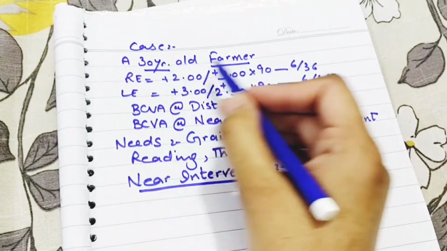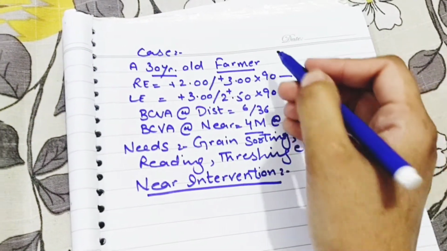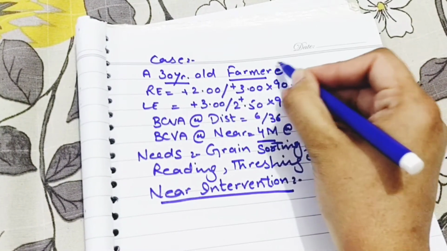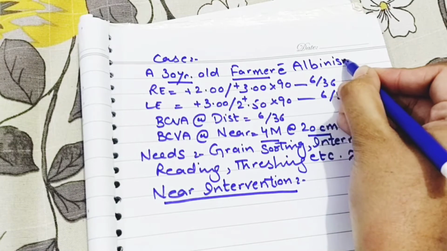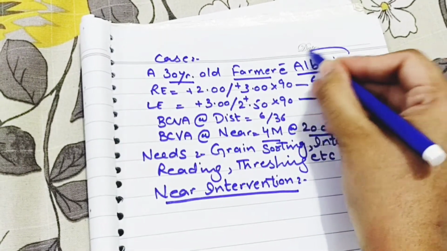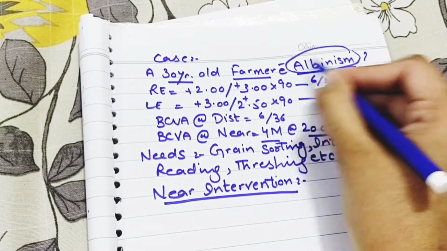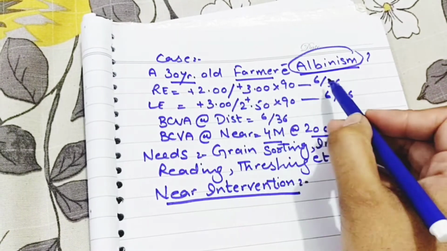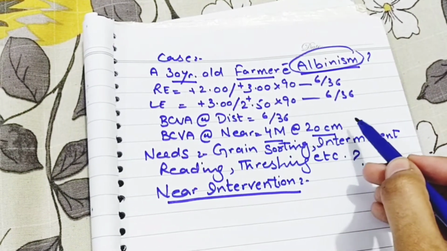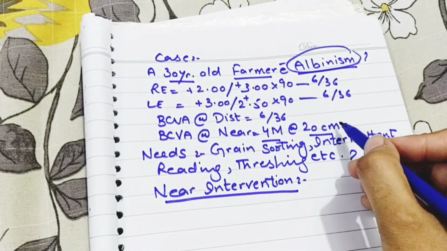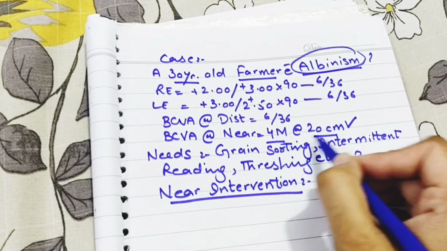And now we want to calculate the near intervention. The patient is a 30-year-old farmer with albinism. Point to be noted is that the patient is with albinism. We have done distance intervention.